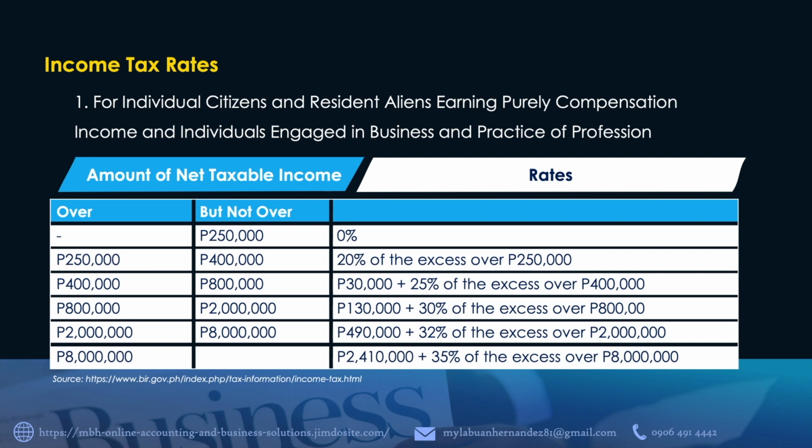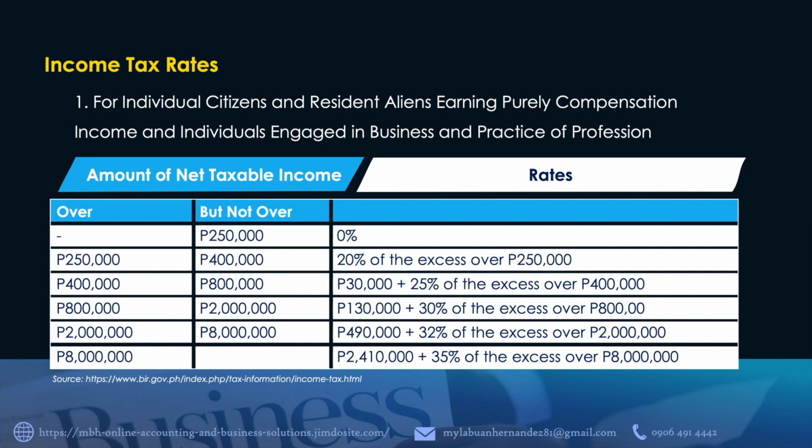For those earning over 400,000 but not over 800,000, the tax shall be 30,000 plus 25% of the excess over 400,000. For those earning over 800,000 but not over 2 million, the tax shall be 130,000 plus 30% of the excess over 800,000.